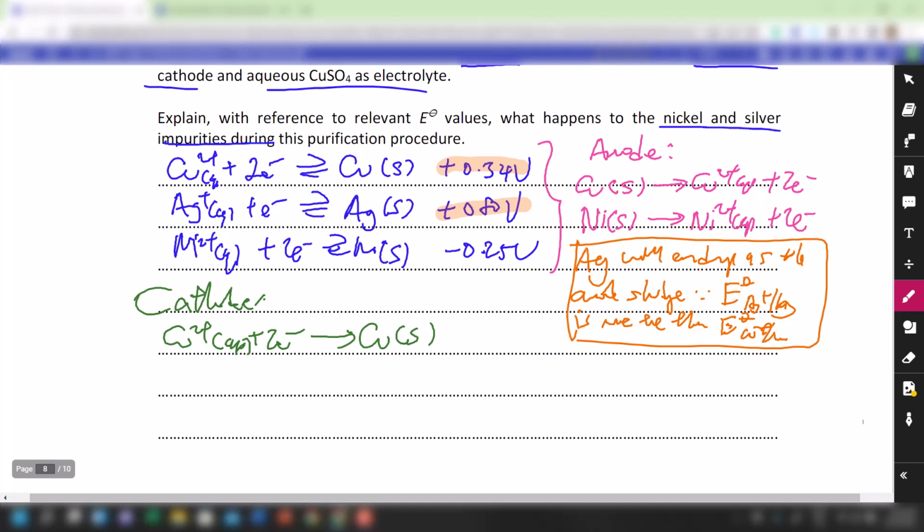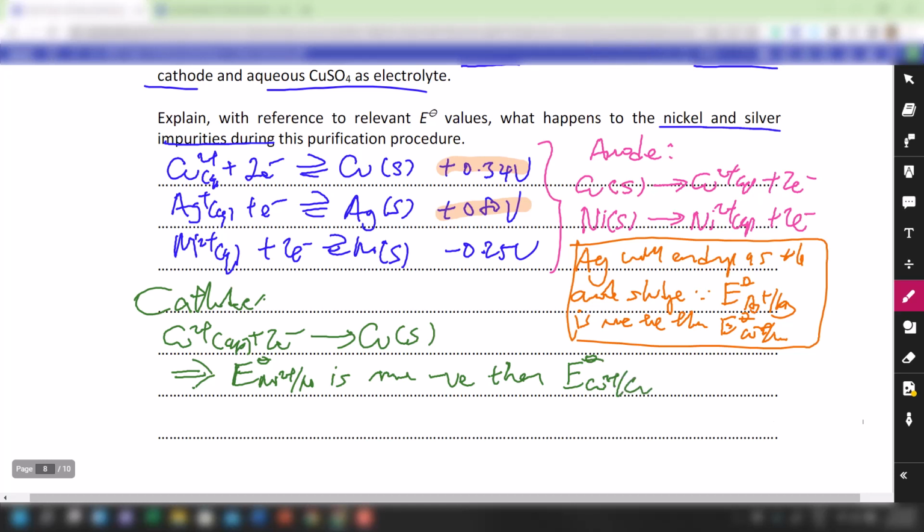The reason being, the reduction potential of nickel 2 to nickel is more negative than that of copper 2 to copper.